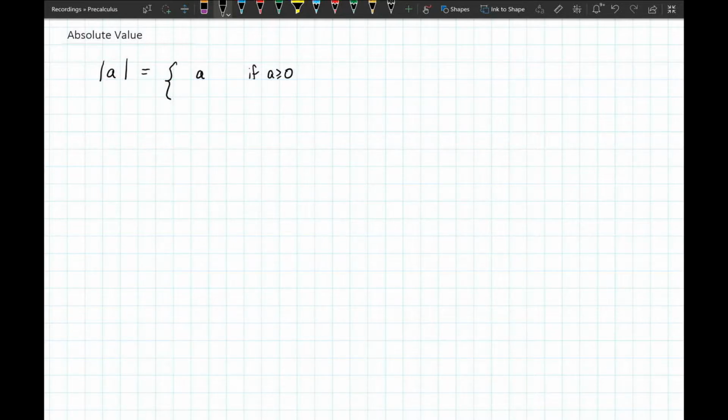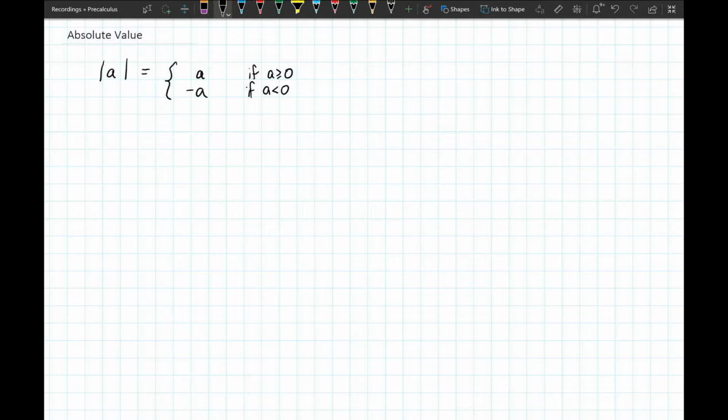So what operation do we have that changes the sign of something? Well, that's called negating. If we negate a positive, we get a negative. If we negate a negative, then we get a positive. So we use this other clause, if a is less than 0, and we already have a negative number, then we can negate a, and negating a negative will result in a positive.